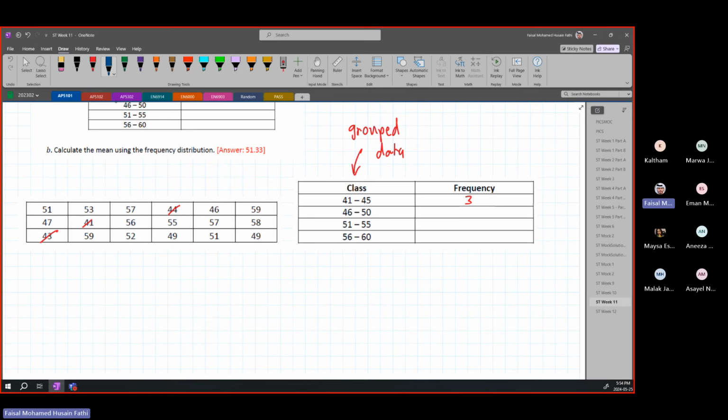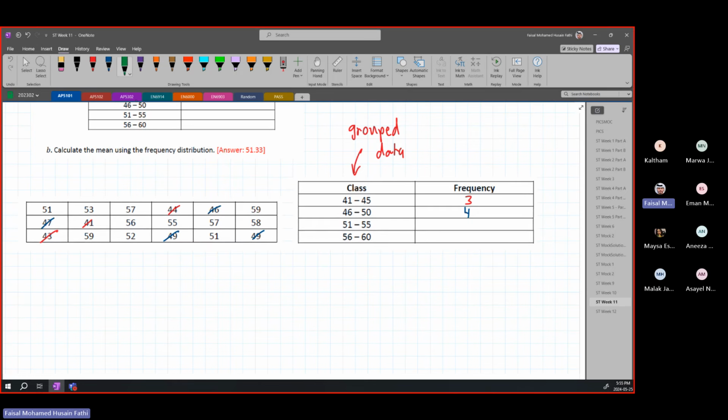Second one, it is from 46 to 50. Remember, this is inclusive of both 46 and 50, because the previous one ends at 45. So this one starts from 46. So 46 over here, 47 over here, that's 2. 49 over here, that's 3, and 49 over here, that's 4.